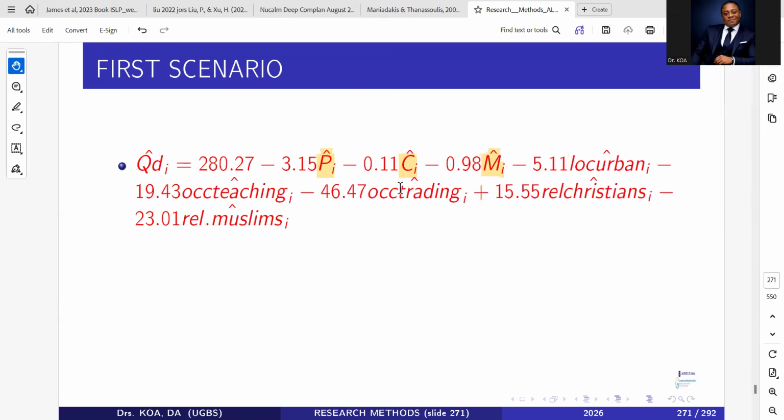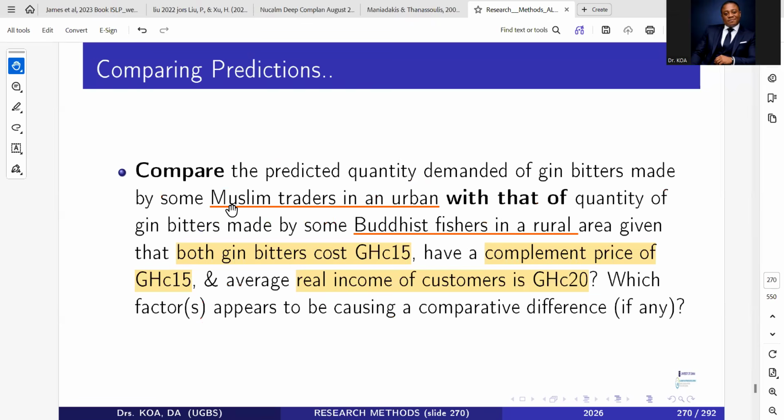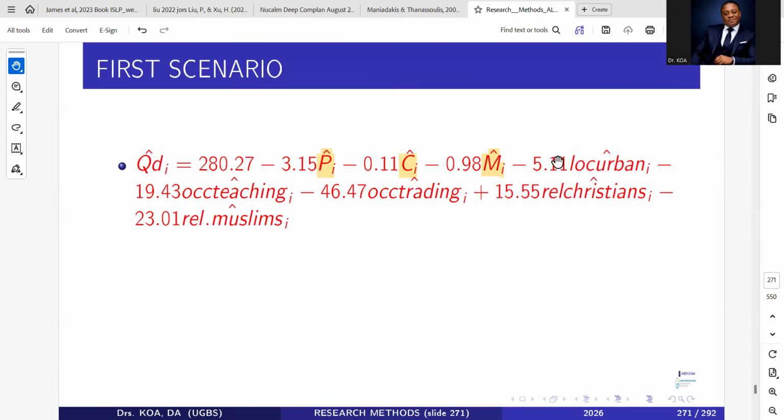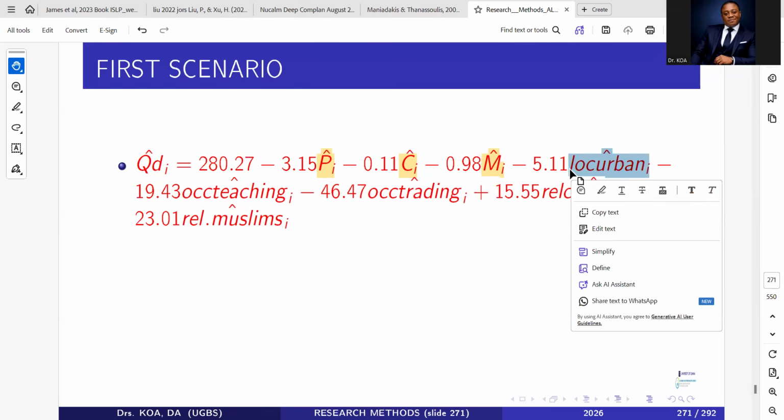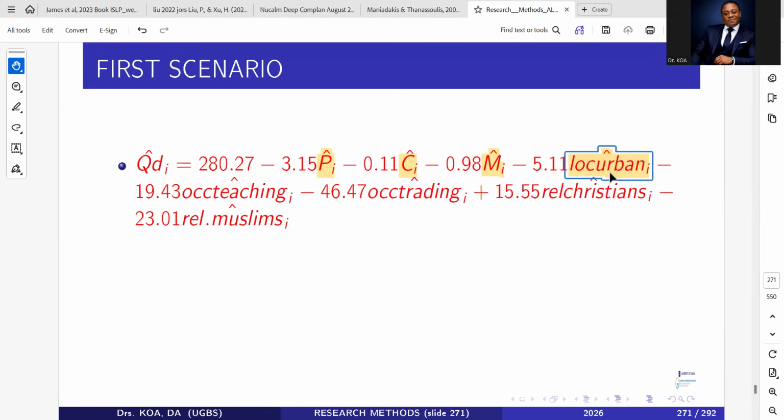Now let's get to the real deal. We are told that in the first scenario, they are Muslim traders in an urban town. Now watch this. When you come to location urban, these people are Muslim traders in an urban town. Remember that this is a dummy, and a dummy is always 0 or 1. So in the first scenario, log urban will be given a value of what?